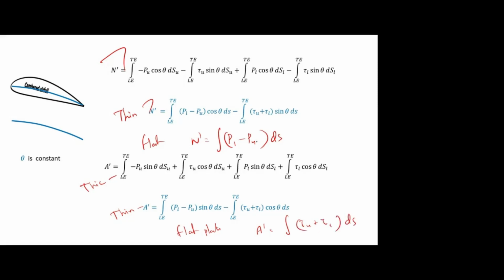In each problem they may give this as s or x. They will use different notation. That's it. This is clear, right? Thick aerofoil, thin aerofoil, flat plate. Shall we proceed further?